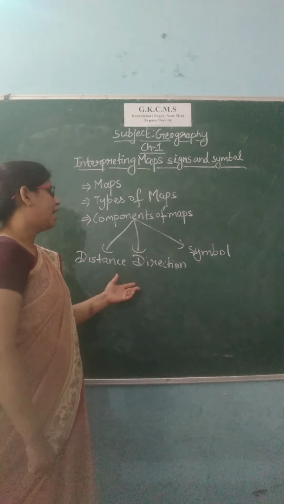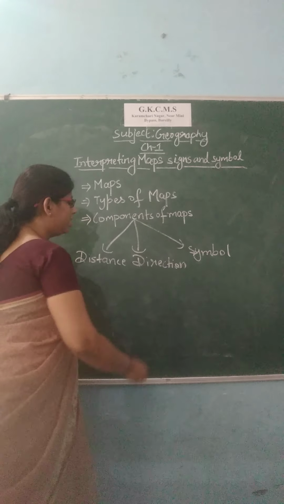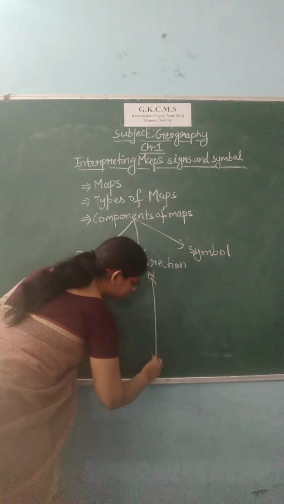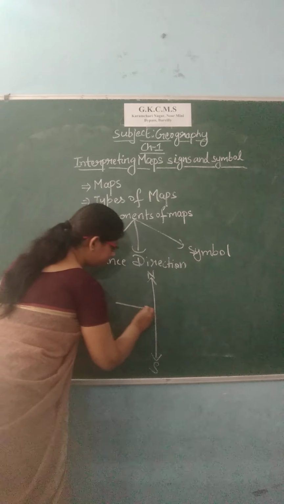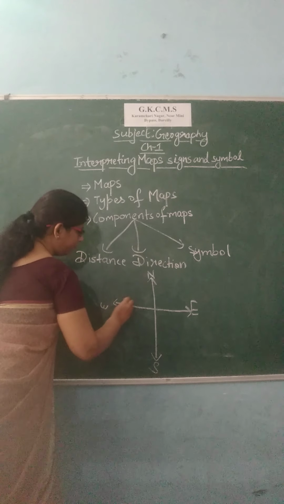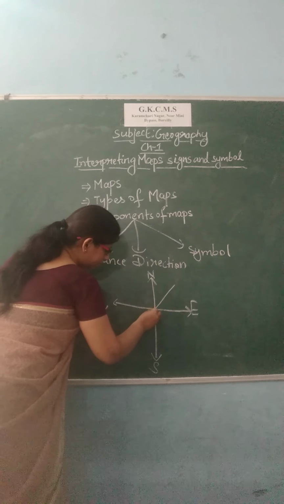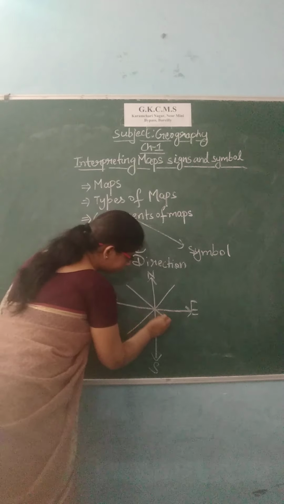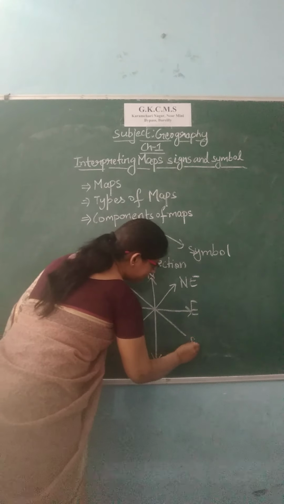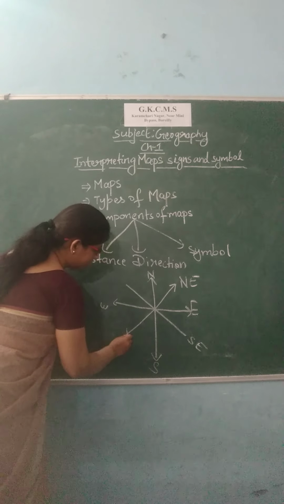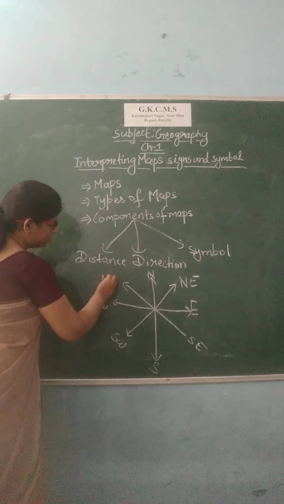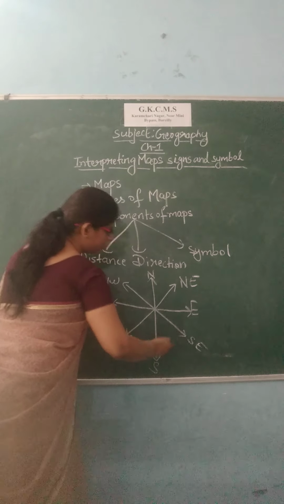Next one is direction. You must be familiar with direction. This is north, this is south, this is east and this is west. Then this one is northeast, this one is southeast, this one is southwest and this one is northwest.